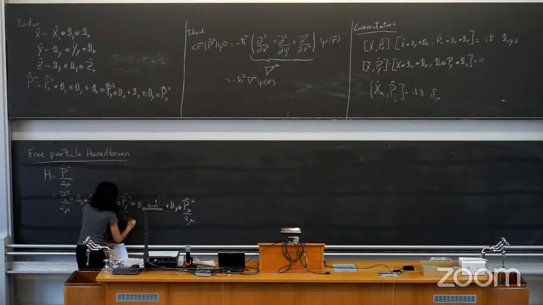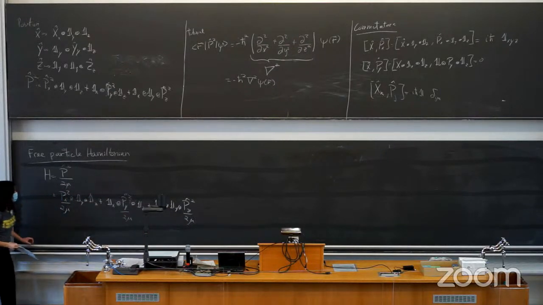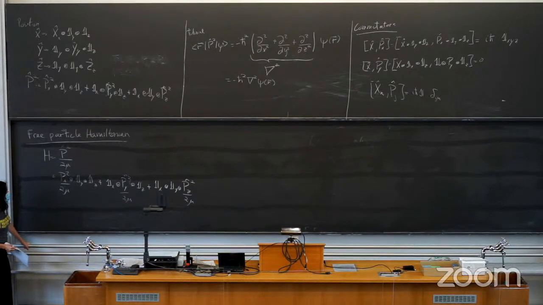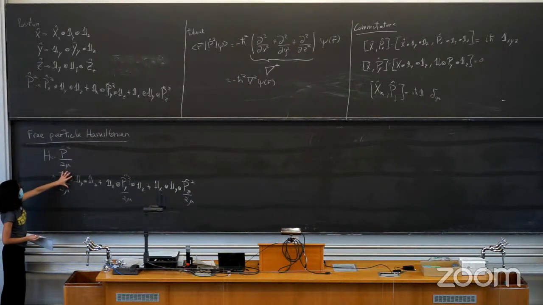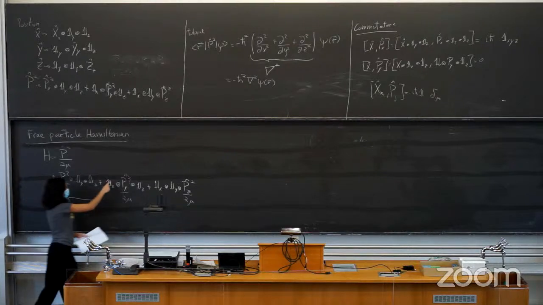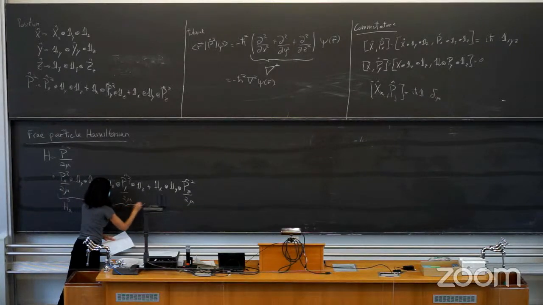And it's useful to write it in this form because now what we can do is look at it and say, well, this is an operator that acts only on x. So I can call this hx. This one acts only on y. And this one acts only on z.